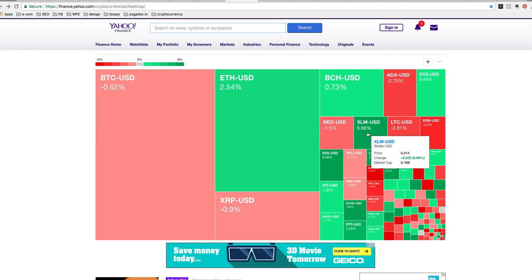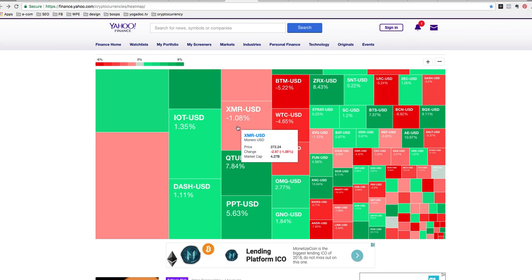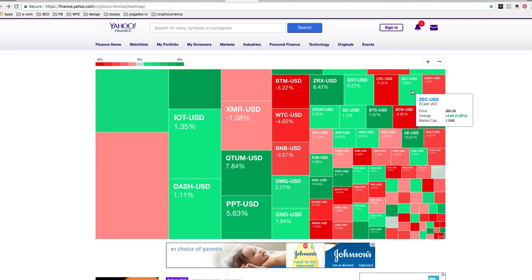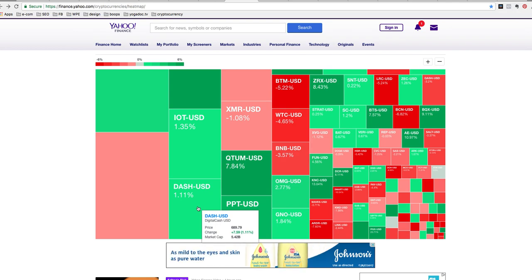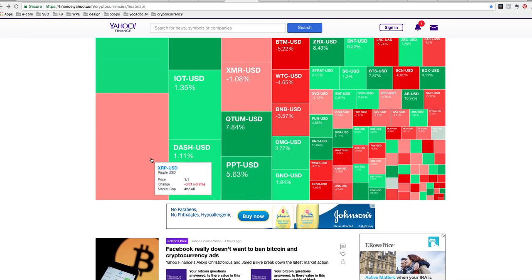Okay, because here, let's zoom in a little bit, is Monero at 4.27 billion in market cap, while Dash is at 5.42 billion, and Zcash is running right in here at 1.24 billion. So even though Dash is fourth in the micropayment sector, it is leading in the four that I was evaluating in the privacy sector.